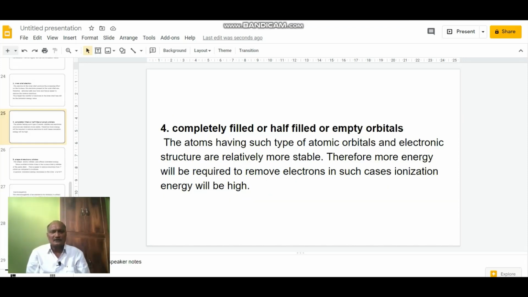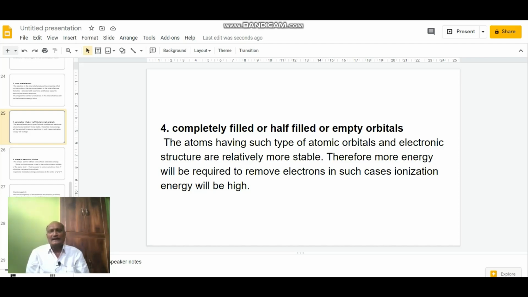Coming to the fourth factor which controls the ionization energy, that is completely filled atomic orbitals, half filled atomic orbitals or empty orbitals. The atoms having such types of atomic orbitals have a relatively more stable electronic structure.